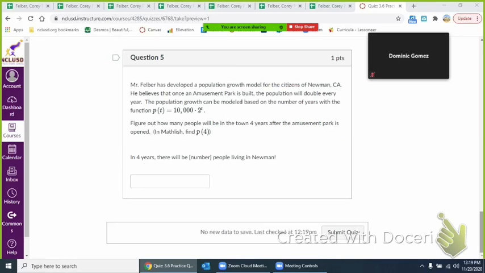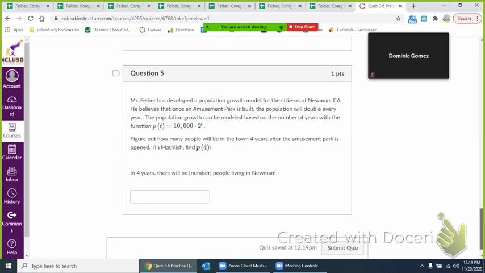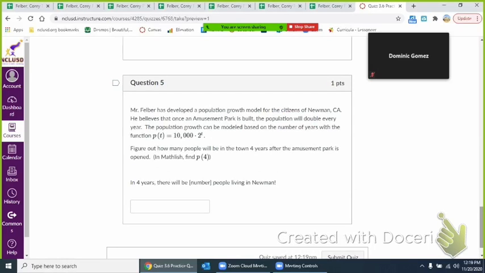When you get to 5 here, I'm not even really going to go over this one. You can read it, but I give you a function. At the end, you can read what it's for, and then I ask you a question about it. So you have to, again, plug in a number, but now it's not a graph.